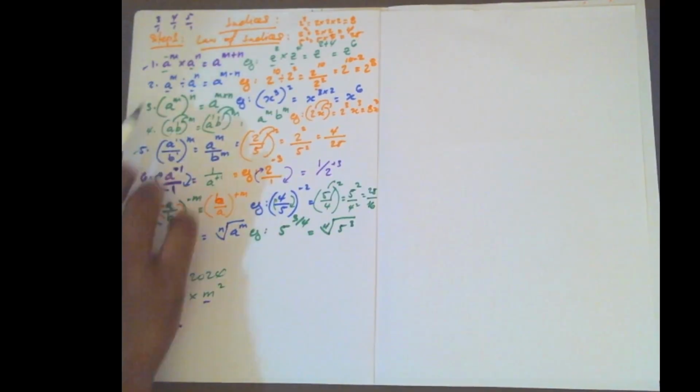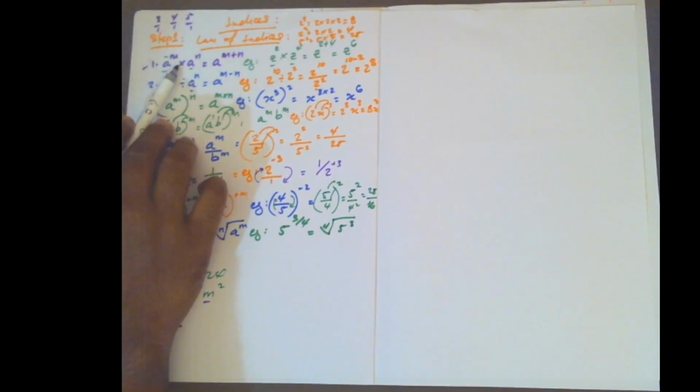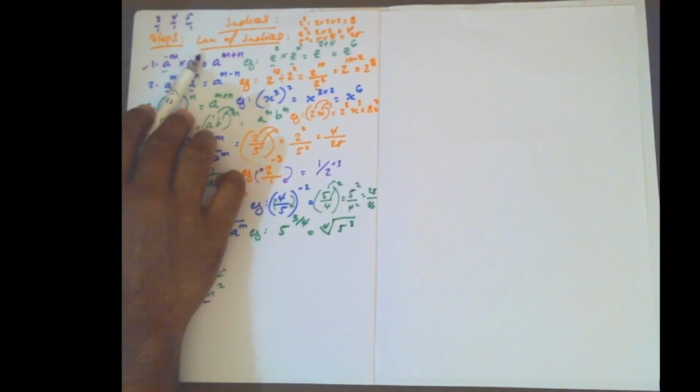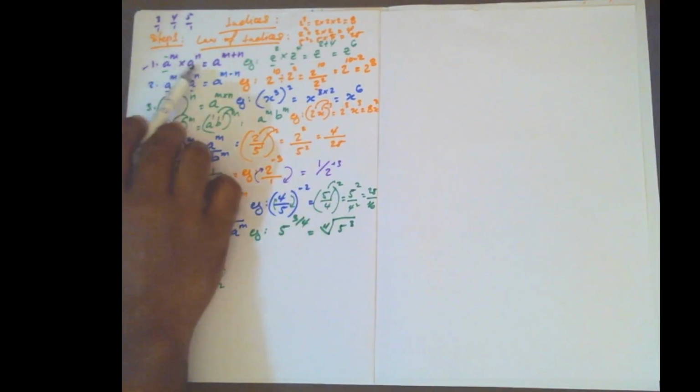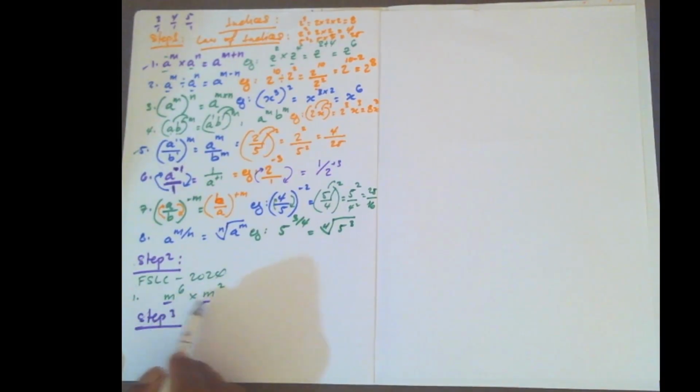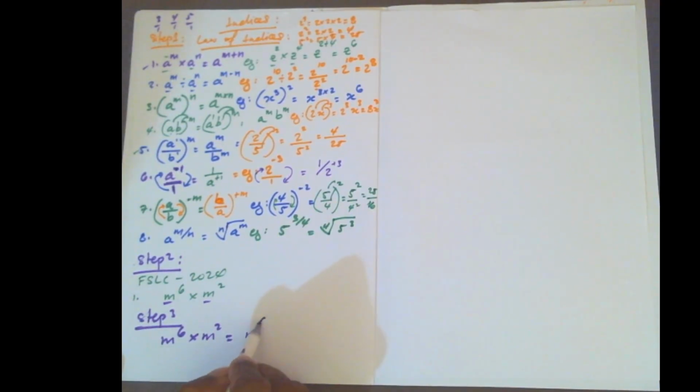So the first law states that a to the power of m times a to the power of n, the powers get added when they have the same base. Since they have the same base, m to the power of 6 times m to the power of 2, we'll add the powers. m to the power of 6 plus 2, that is m to the power of 8.